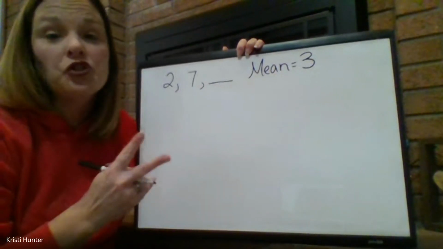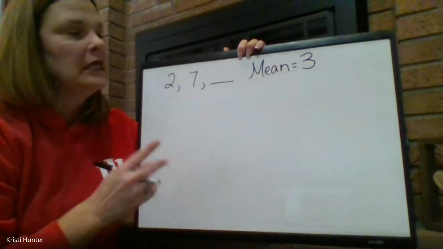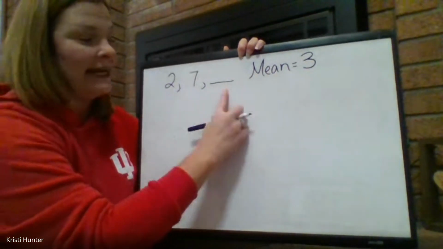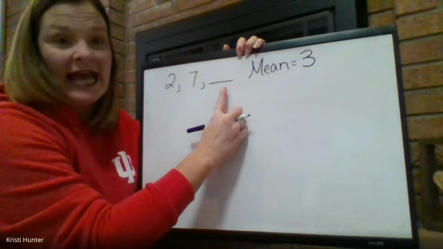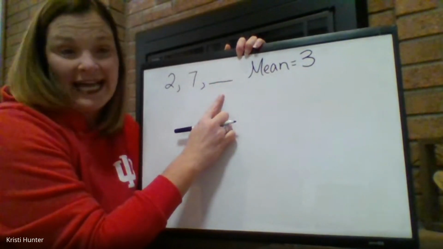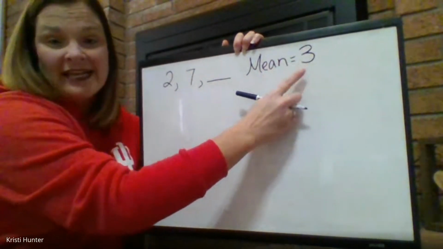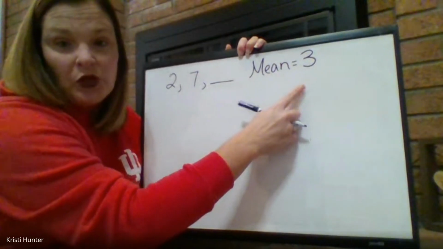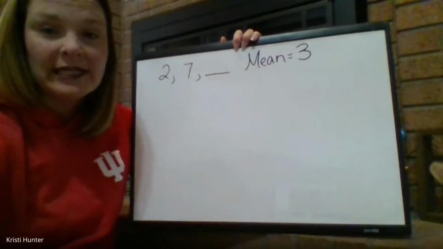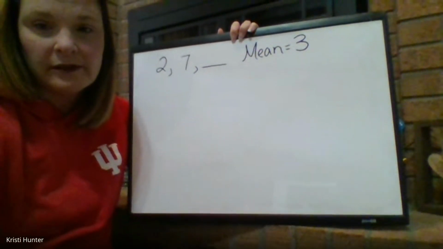And I'm going to show you two ways to do this. So yesterday we added up all of our values and divided by our data set number. Well, today we already know the answer to that equation. So what we have to work on is kind of work this backwards.